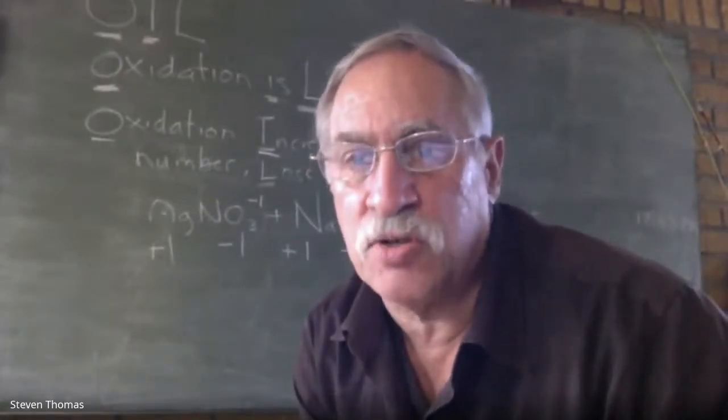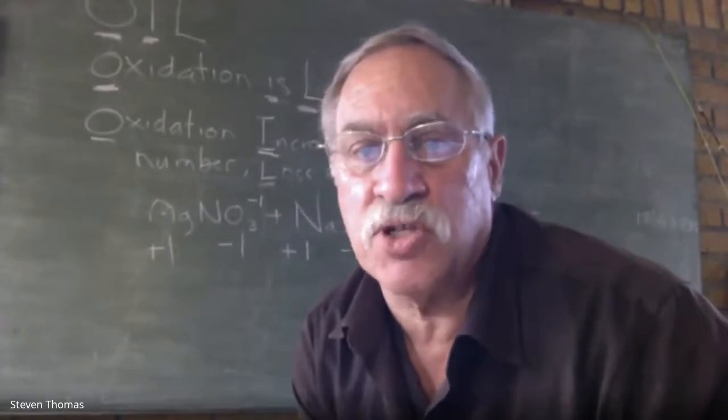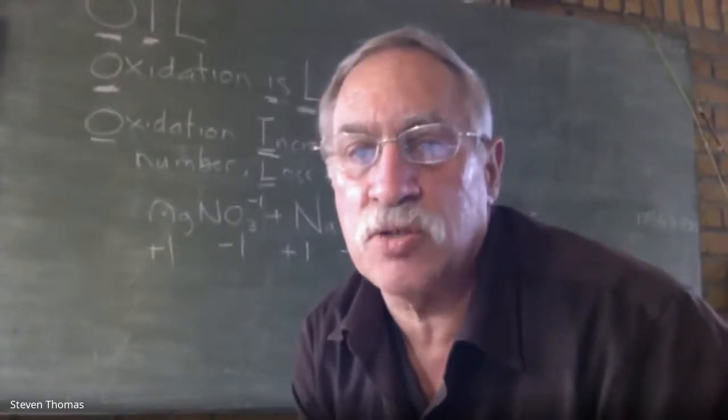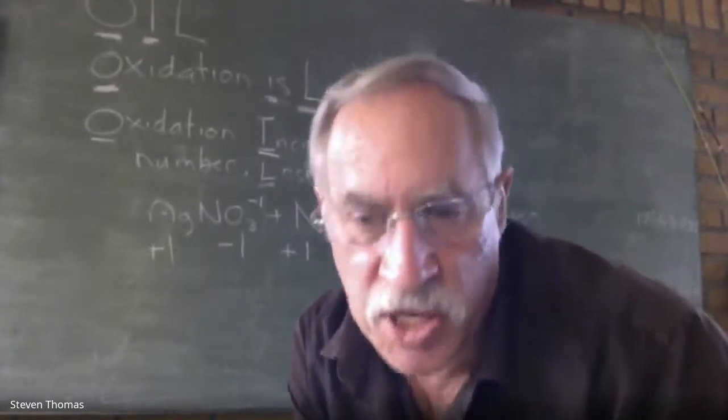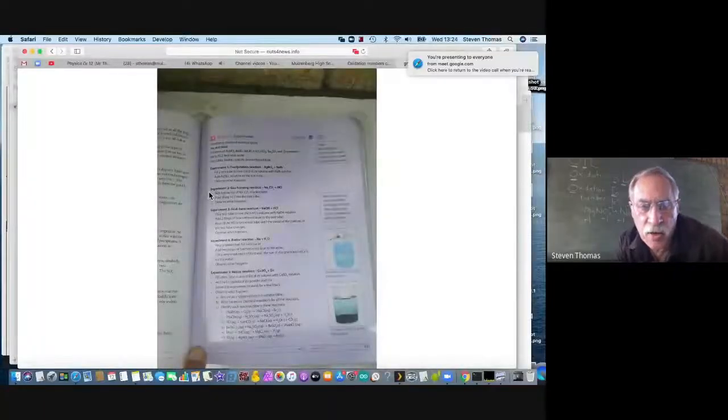Let's go back to the grade 10 textbook as another example of reactions. We're on Study and Master page 231. Gas-forming reactions. Sodium carbonate plus HCl. Add a spoonful of sodium carbonate to a test tube. Pour dilute hydrochloric acid into the test tube.